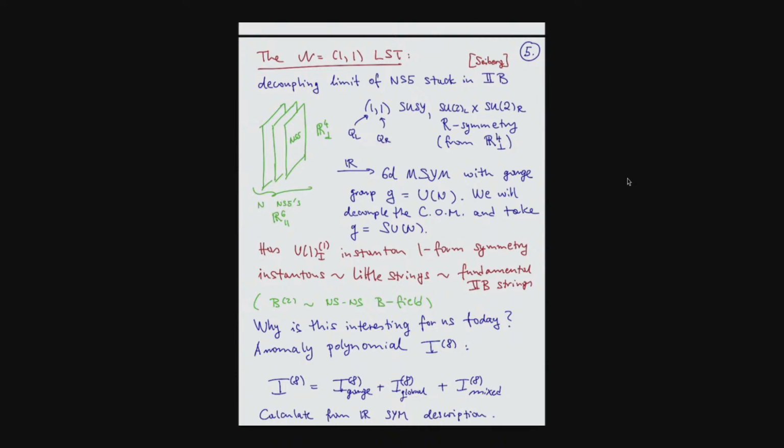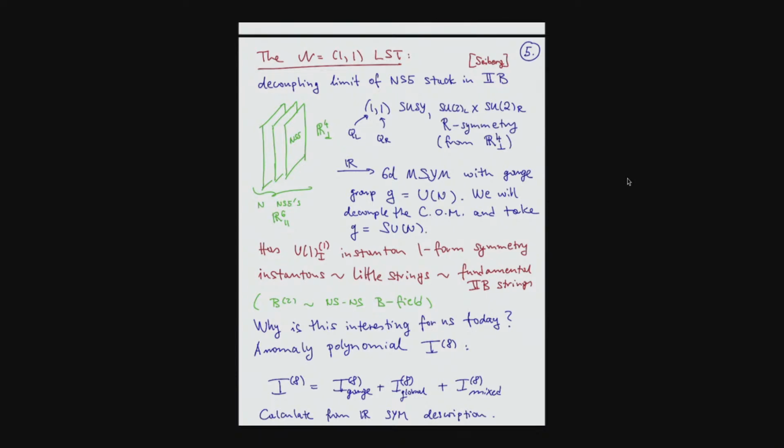That's 16 supercharges, same as N=4 in 4 dimensions, but non-chiral in 6 dimensions. So I have one left-handed supercharge and one right-handed supercharge in 6D, and there's an SU(2) R-symmetry acting on each of these doublets. So overall, the R-symmetry is SU(2) left times SU(2) right, which combines to the SO(4) or Spin(4) that rotates the transverse space of the branes.